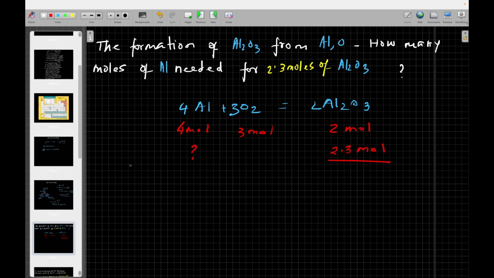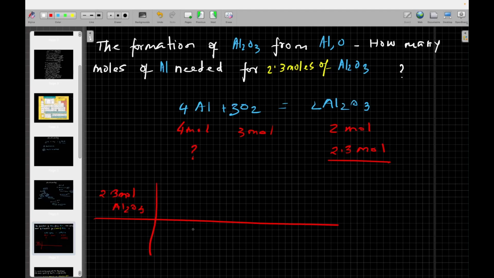The provided information should be at the extreme left-hand side: 2.3 mole of aluminum oxide. If we look at this problem closely, there is no conversion needed. All the information is provided in moles and the mole information is needed.